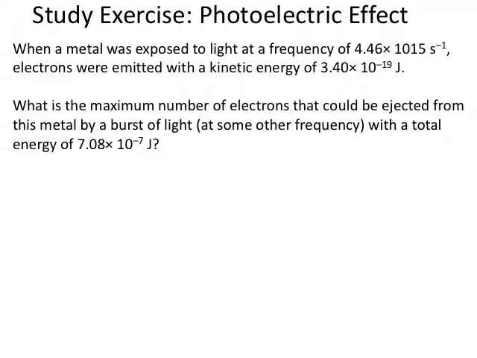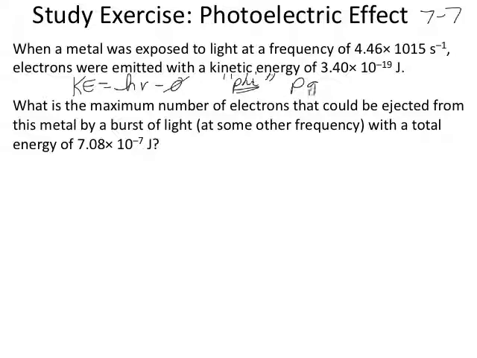This problem is 7-7, and the formula that you need for this is KE, kinetic energy, equals h nu minus your phi. This is, or I'm sorry, phi? Yeah, it's pronounced phi. It's a Latin symbol.